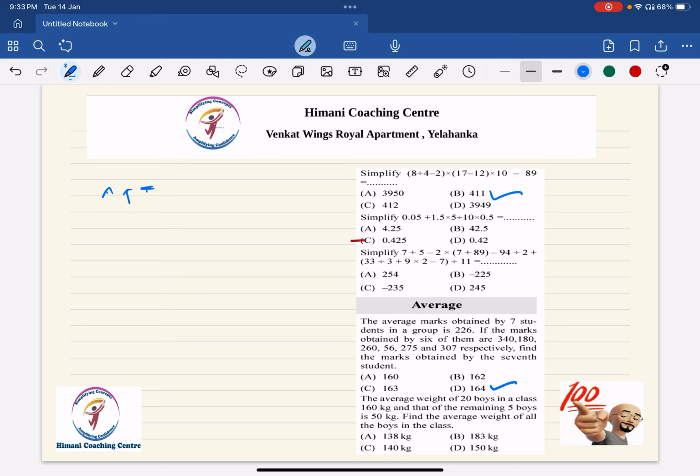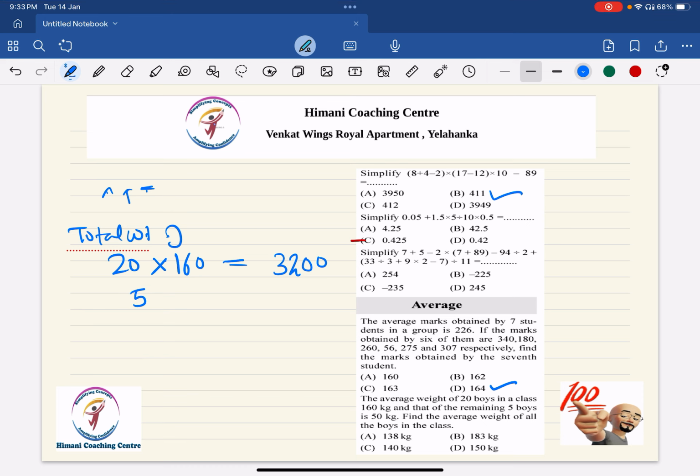So let us find the total weight of 20 boys first. The total weight of 20 students would be 20 times 160 because 160 is the average of them. When you multiply, there are zeros, so they will come directly, and 16 times 2 is 32. So the total weight of 20 students is 3200 kg.